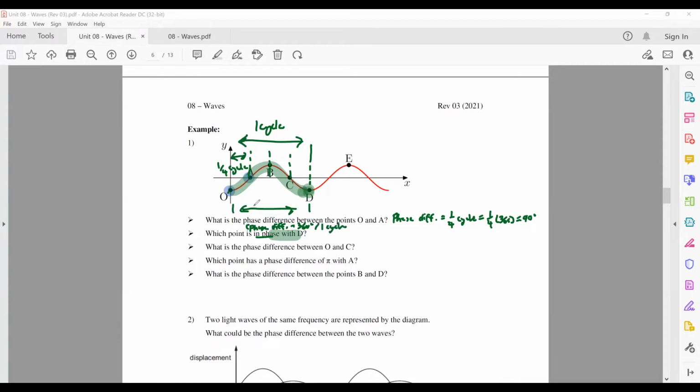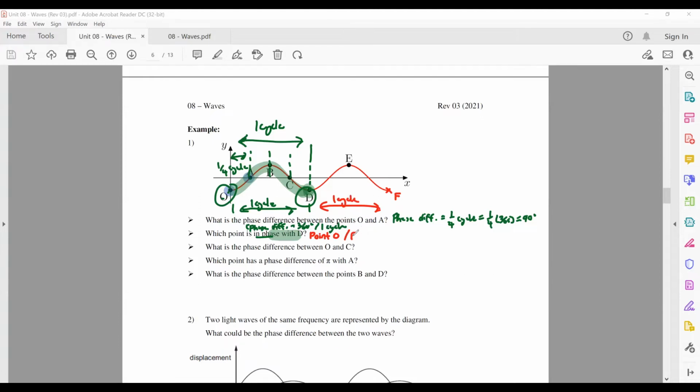So point O has a phase difference of 1 cycle with D, or 360 degrees. So the point that is in phase with D is point O. If I give you another point F, this one also has a phase difference of 1 cycle.